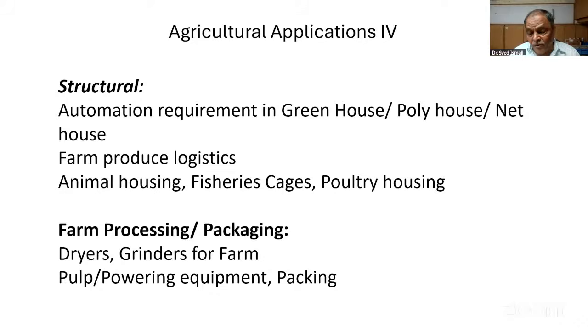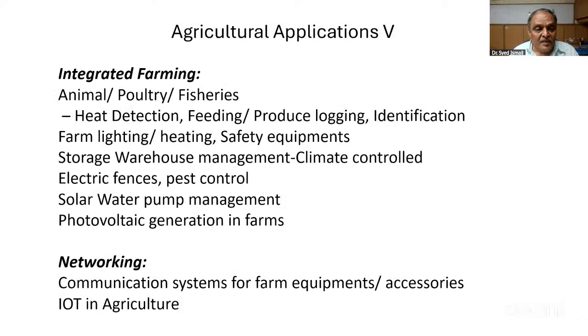Farm processing, of course, extensively uses electronics: dryers, grinders, pulp and powdering equipment, packing. Many of the big companies have already taken this over. But for small farm-based units, we require these machines, and they all use electrical and electronics, so we should understand the basics.